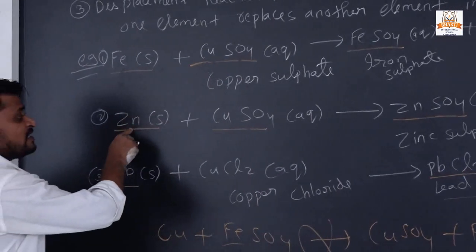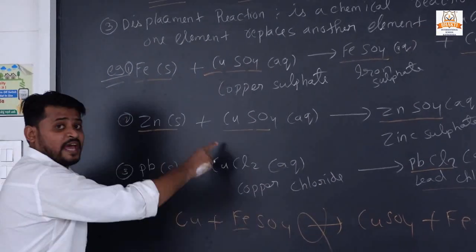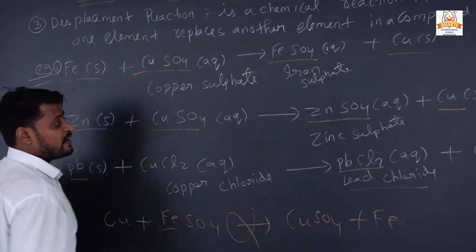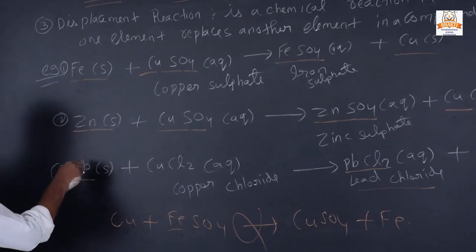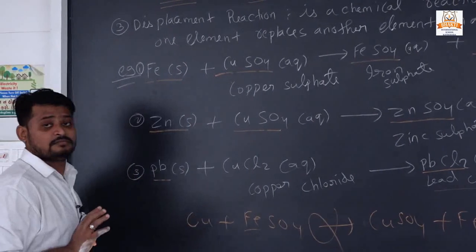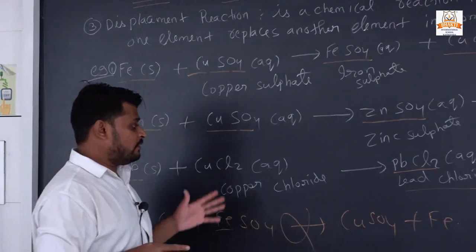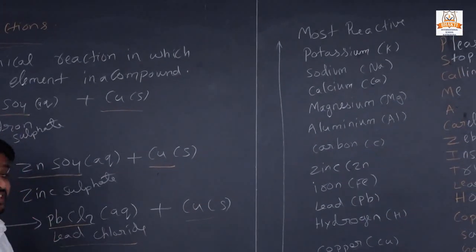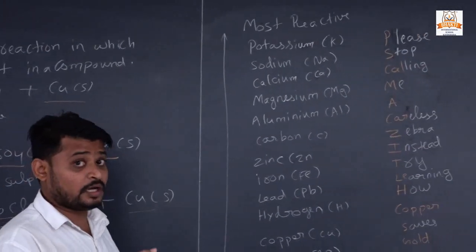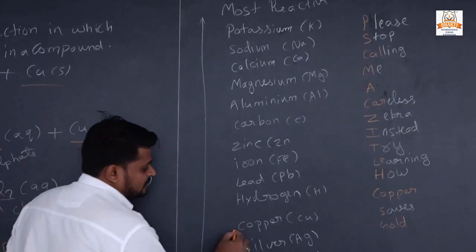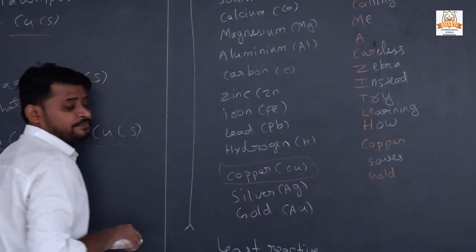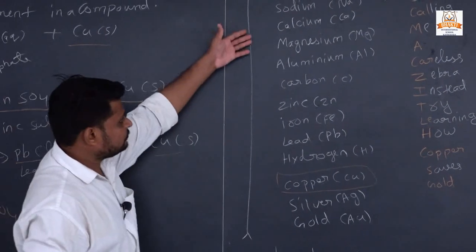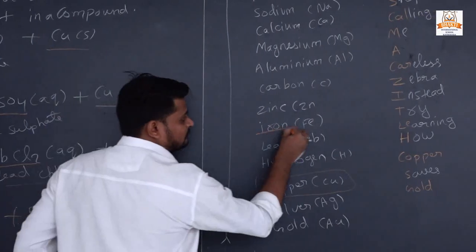Here also zinc is more reactive than copper, so it will also replace copper in its respective compound. In this case lead is also more reactive than copper. Let's see the reactivity series, then you will clearly see which element replaces another element. Here copper is in the last three, and iron, where is iron? Here.